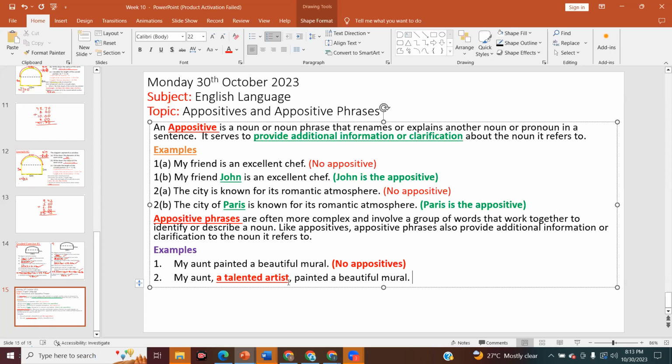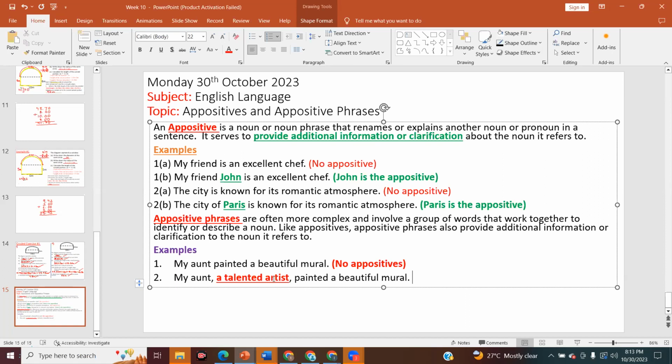So what do I mean by that? Let me tell you. For restrictive appositive phrases, you don't need a comma. But for non-restrictive, you need a comma, which basically means that for this one, the sentence could flow even if I remove a talented artist, because the sentence still makes sense: my aunt painted a beautiful mural.